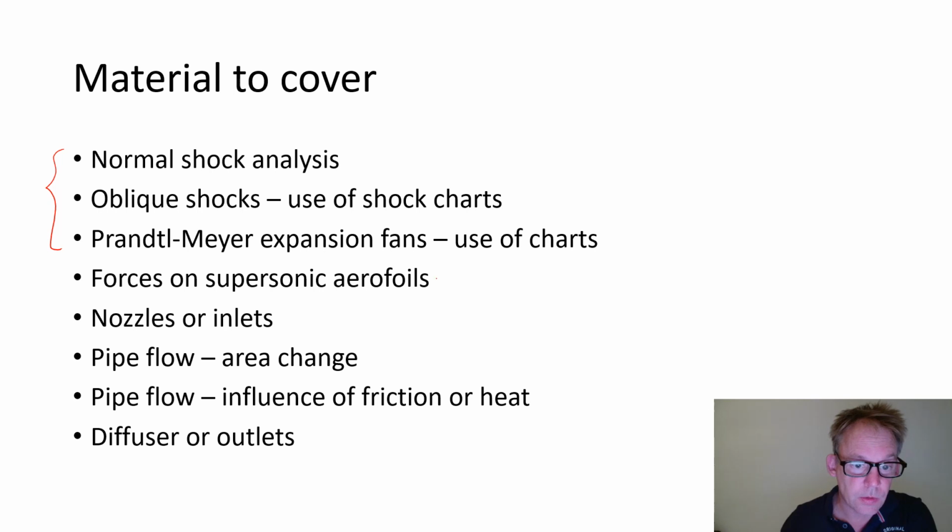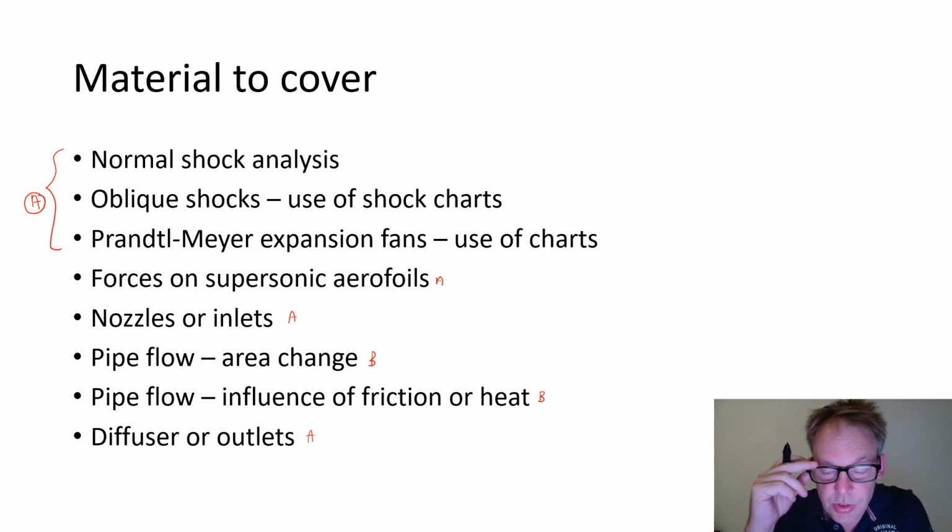So this one, say group A, can be all understood from these first three lectures. And these bits, part B, are linked together because the methodology used to solve them employs a particular reference state, a critical reference state.